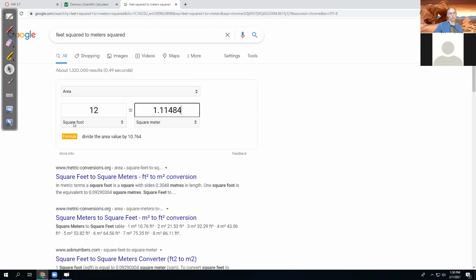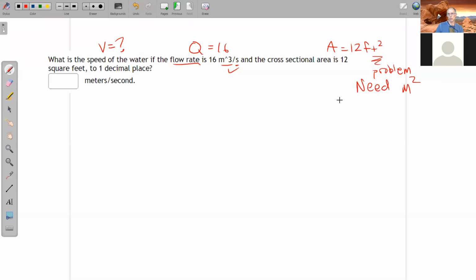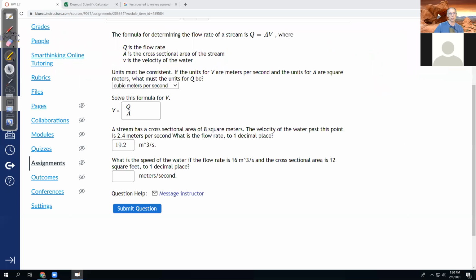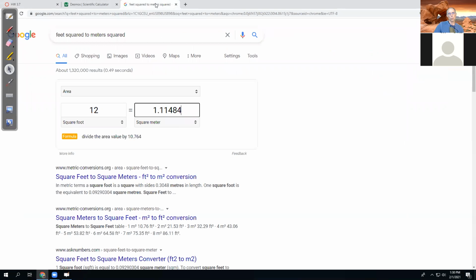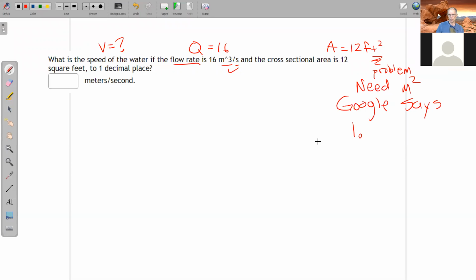So 12 square feet is 1.11484 square meters. All right, so now I have the correct units.